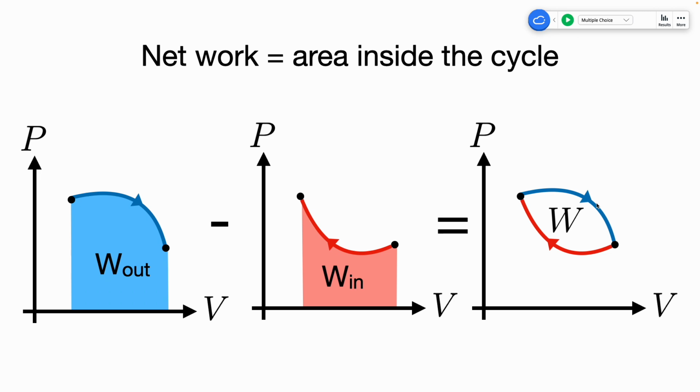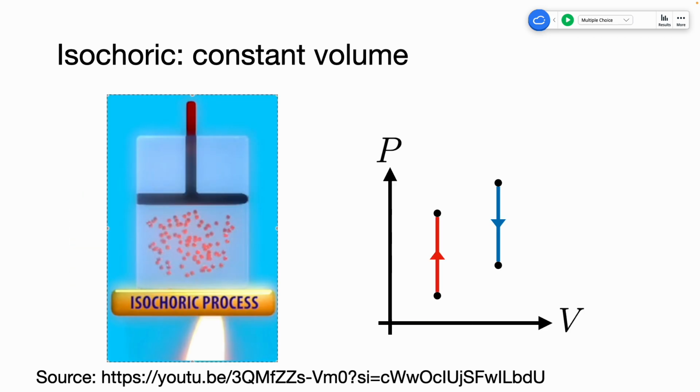Okay, now more terminology. If the process involves constant volume, the volume is not changing, we call this isochoric. I don't think you need to memorize isochoric. You need to memorize isothermal, which is constant temperature, and adiabatic, which is no heat, but I will tell you that later.